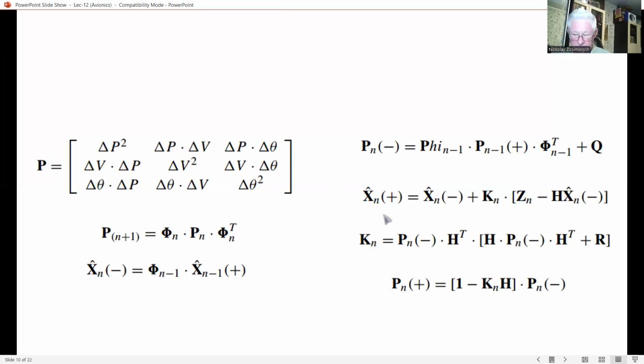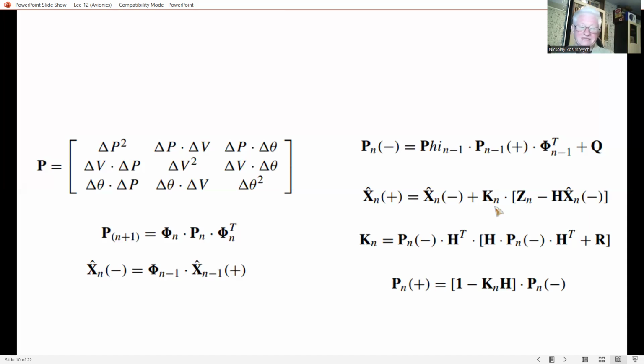The estimated state x n hat plus equals x n hat minus plus Kn times, in parentheses, zn minus Hn xn hat minus. Here we have another new component, zn. This is an actual measurement made of the state variation. And Kn is the Kalman gain matrix.